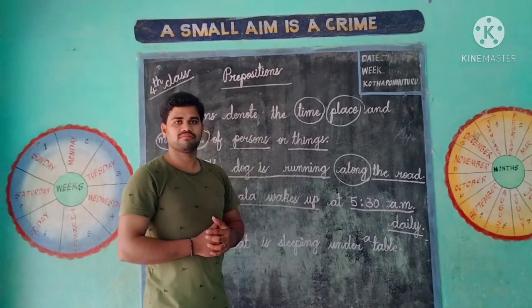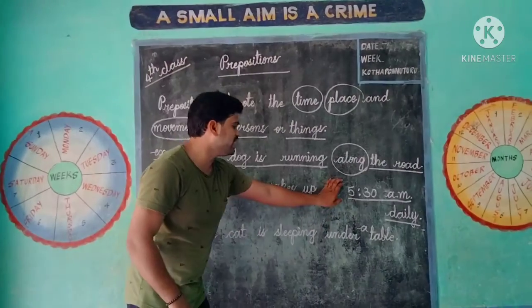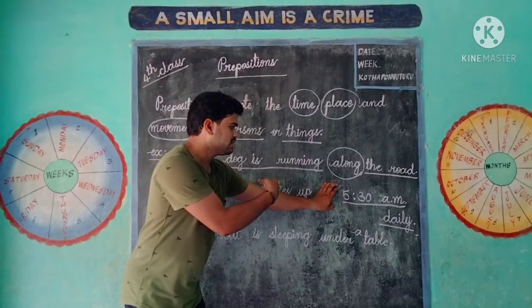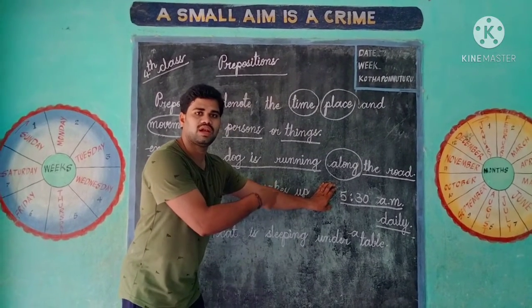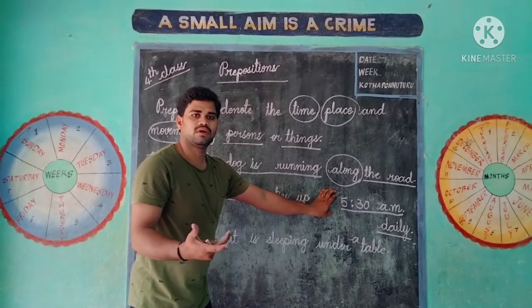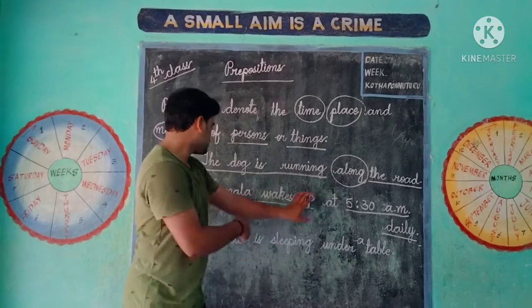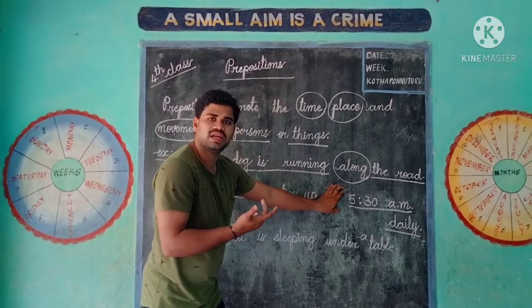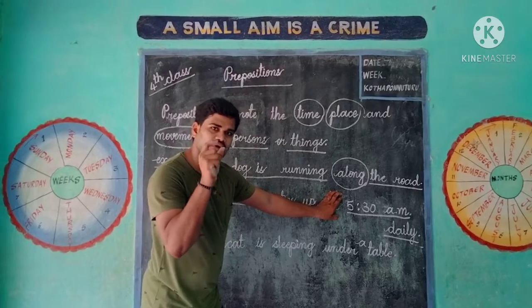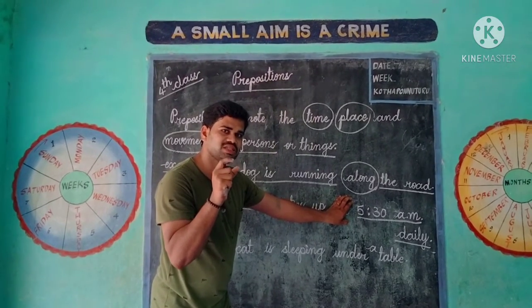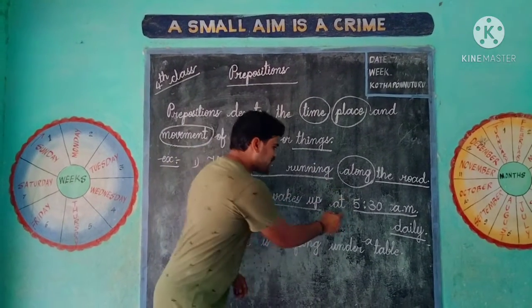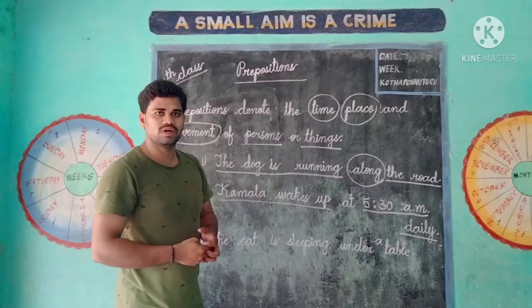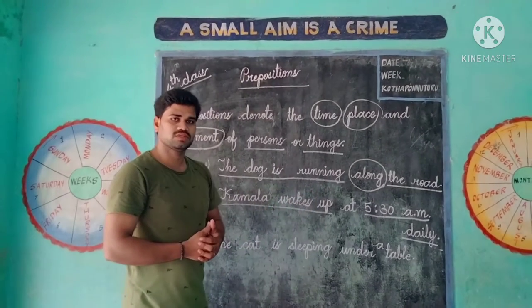If you don't write any word here, then it becomes a meaningless sentence. Kamala wakes up 5:30 a.m. daily. It's a small grammatical mistake. That's why we have to write a connector, a word between these two parts.